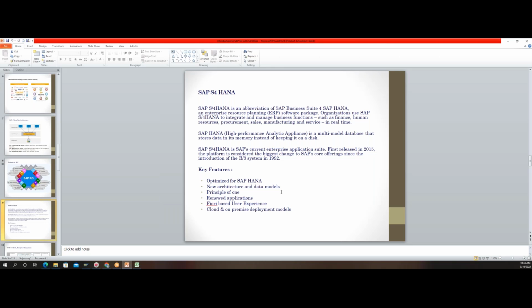The principle of one, as a digital core, is something we talk about as a key feature, and a renewed application. As I said, it is not the same thing. It is an upgraded one, and we have a better user experience, which is called a Fiori app.